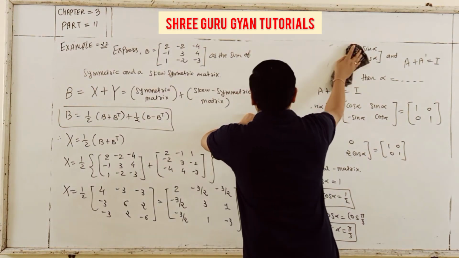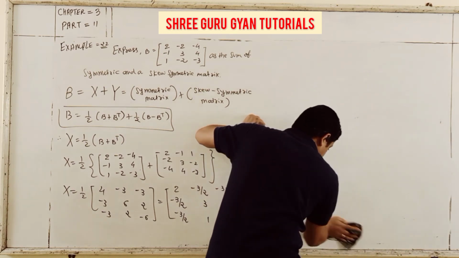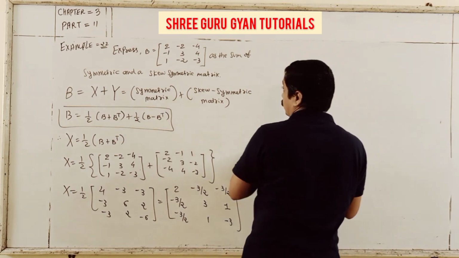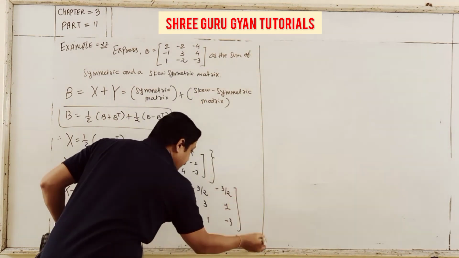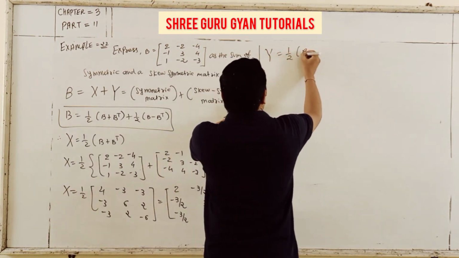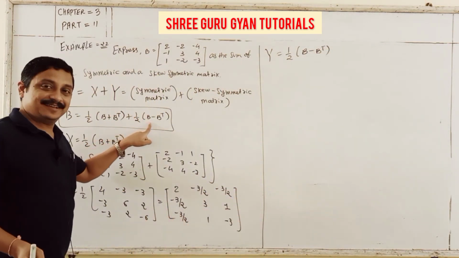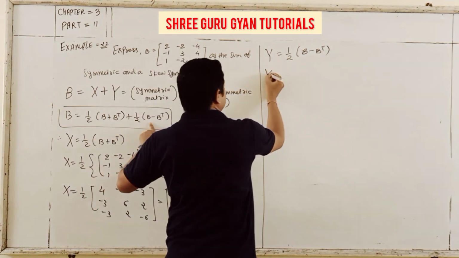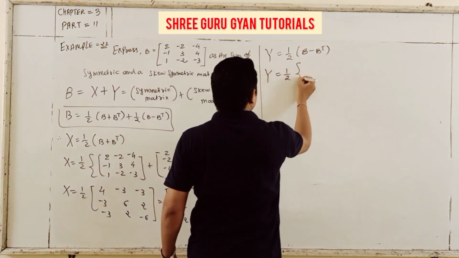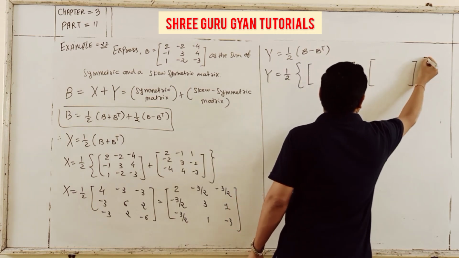Now I will go to skew symmetric. Similarly, my second part, y, is a half of B minus B transpose. Here, as it is half, apply B matrix minus B transpose.